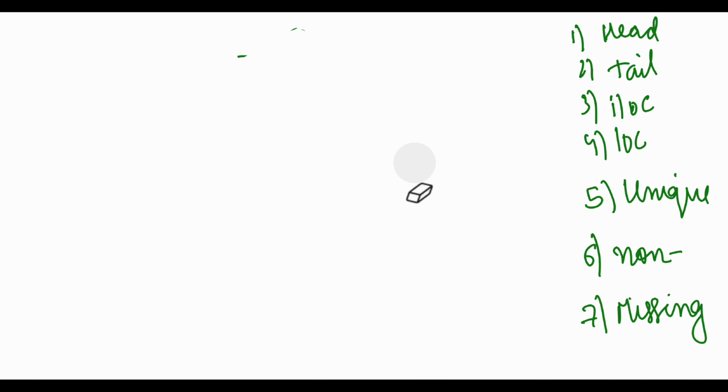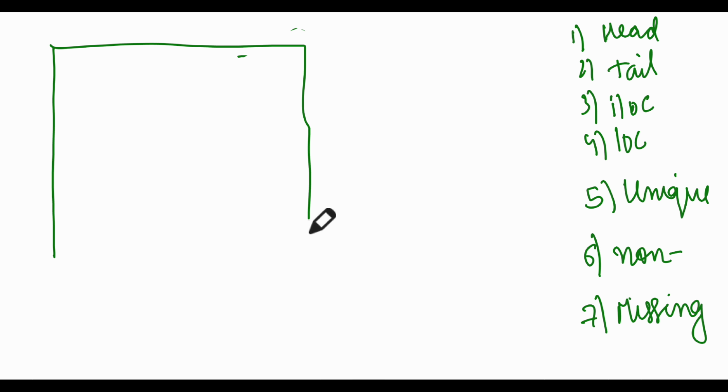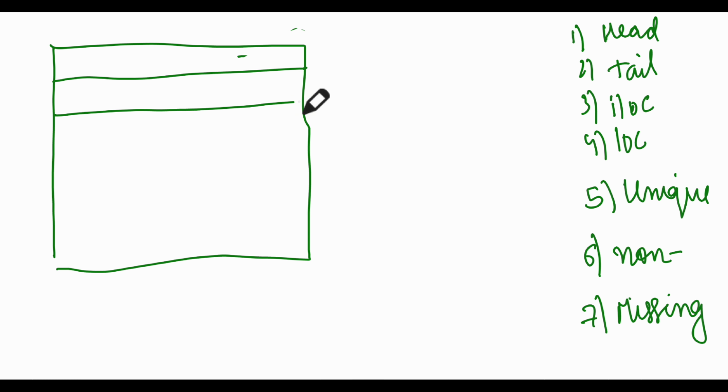Let's say we have a data set here with some values. There will be multiple rows here. So what does isnull or notnull do?